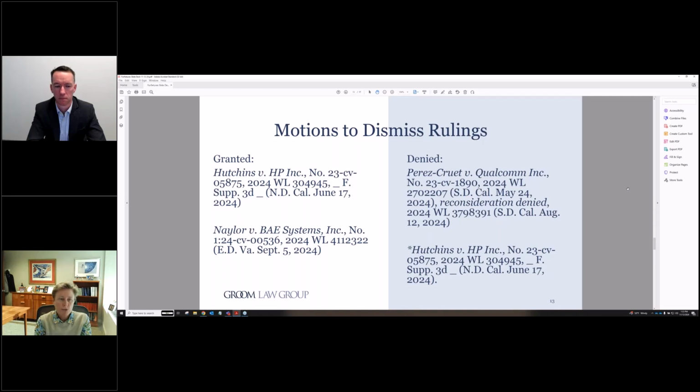And then there are two other cases where the motion to dismiss has been denied. I realize now that I pasted the wrong case in here, but one of them was Qualcomm and one of them is Intuit, not HP. The Qualcomm case was the very first one to be decided, and the Intuit case was somewhat later. And so those courts have said, no, we're not going to grant this motion to dismiss.